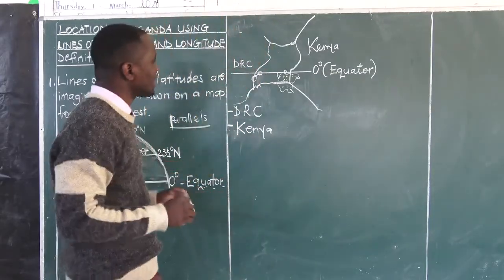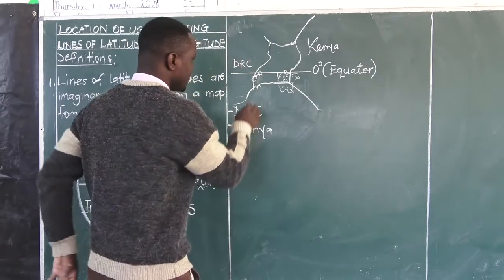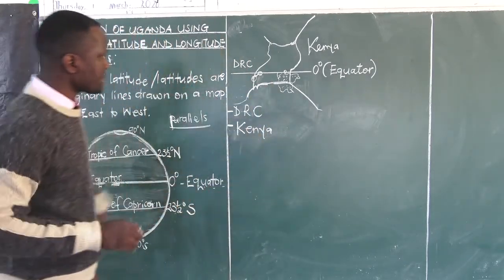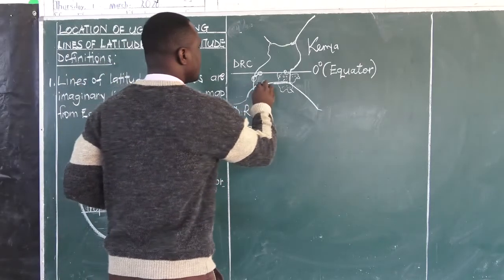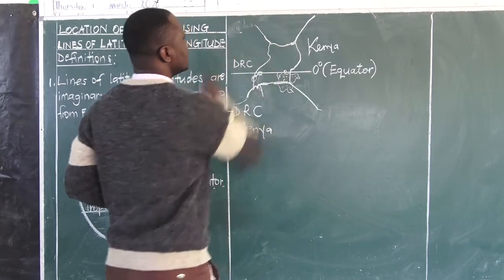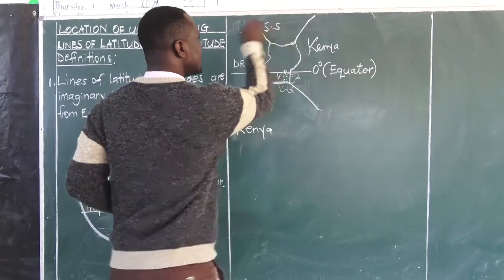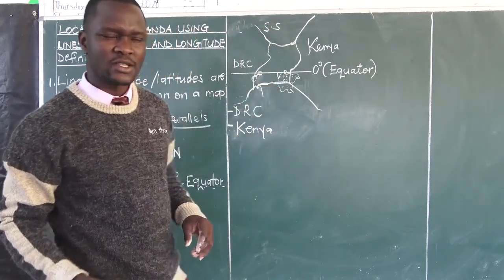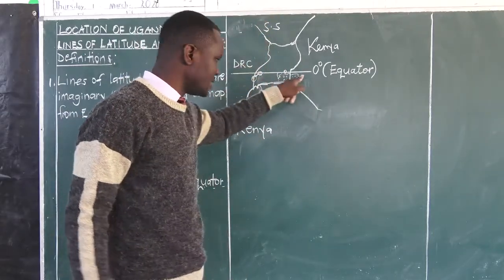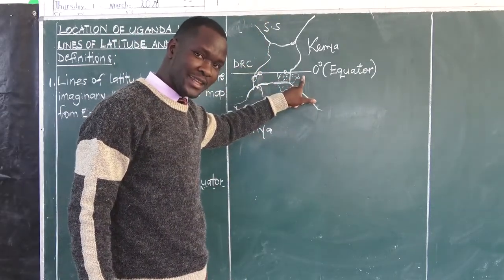Now, let's look at other neighboring countries of Uganda and see whether they are also crossed by the equator. Which other country neighbors Uganda? In the north, Uganda neighbors South Sudan. Is South Sudan crossed by the equator? The answer is automatically no. South Sudan is far. The equator is here. Are we together?